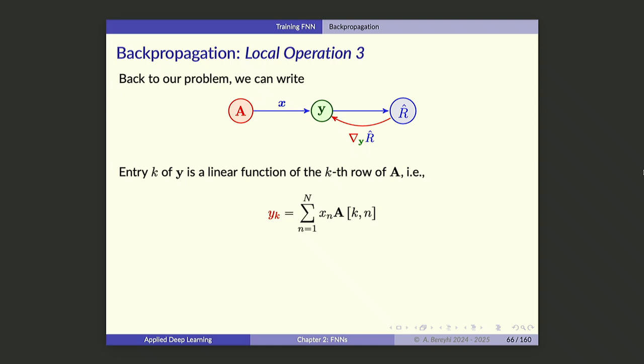Okay? Now, the thing that I want to compute the gradient with respect to, so here, I have my matrix A, and this matrix A is getting multiplied to x to give me y. Now, this y, I think in the problem we have it k-dimensional, right?